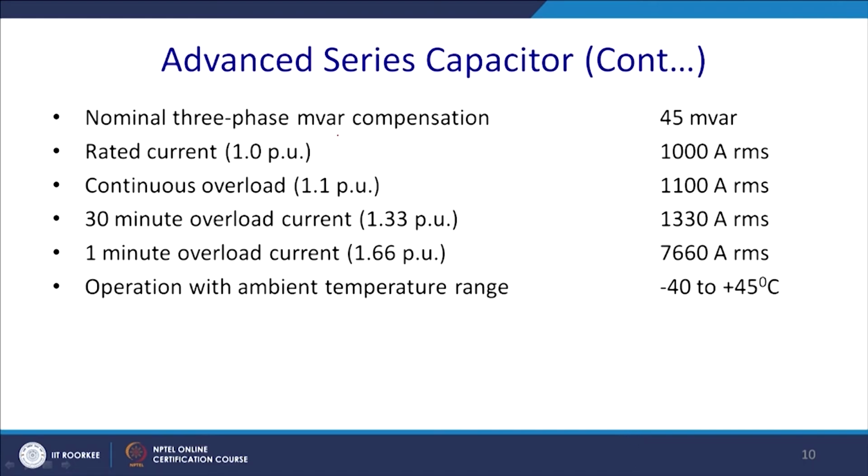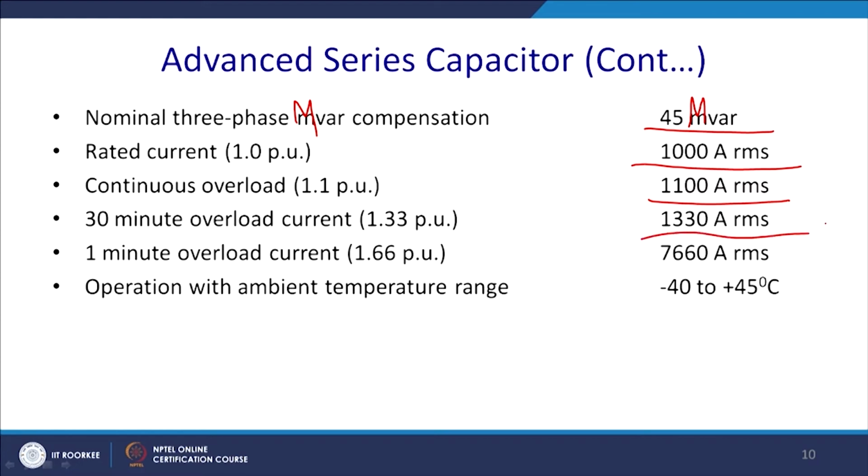Nominal 3 phase MVAR compensation is 45 MVAR. Current rating per unit has been chosen for a 1000 ampere base. Continuous overload will be around 10%, that is 1.1, it will be this value, and for 30-minute overload current we can go 33% more.